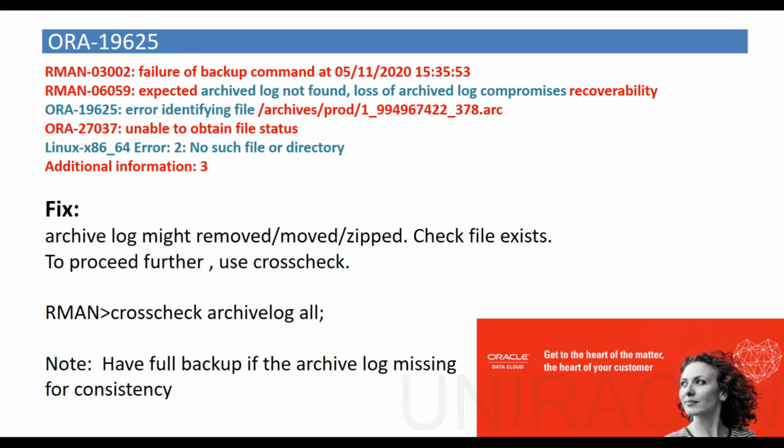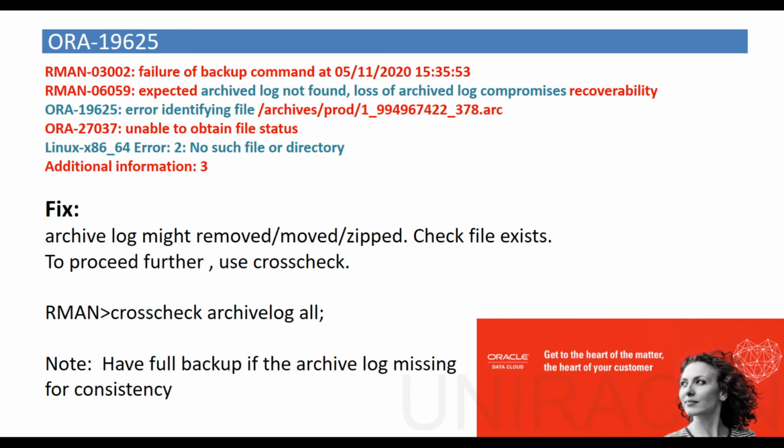Sorry, we can't get back the arclog in that case. But still, a healthy backup should be there. We need to have a healthy backup. We can't initiate an inconsistent backup at level 1. So after the crosscheck, once all the arclogs have been validated, immediately take a full level 0 backup to have a consistent backup.